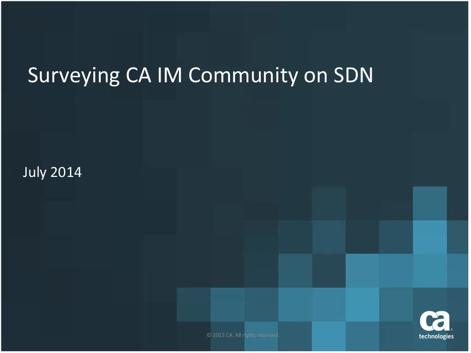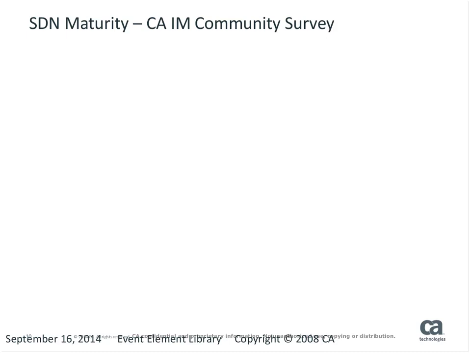I wanted to reflect back to the Webcast users from a survey we did from the CA-IM community back in July of this year. We surveyed the community to get an understanding of the maturity of their SDN deployments and activities. About 18.5% were currently active in July of this year doing lab and prototyping efforts.